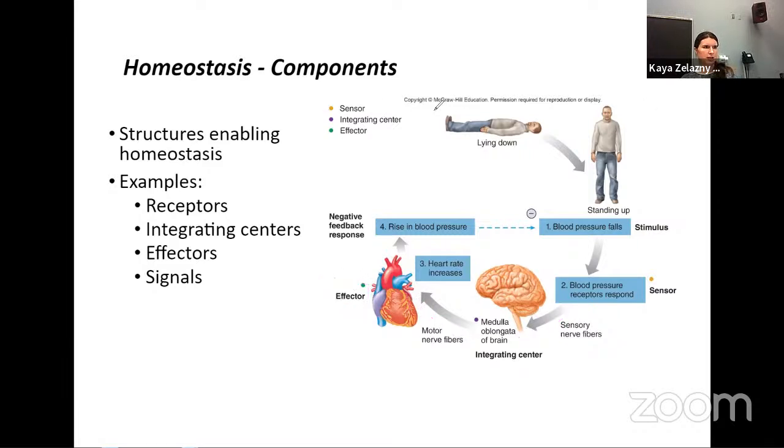I'm going to go through and trace out this full example here. If you've ever had this experience where you're sitting or lying down and you stand up and suddenly you get really woozy, maybe your vision gets kind of blackish and has stars. If you have low blood pressure, this may particularly happen. This is because if you're lying down, your blood is all kind of flat.